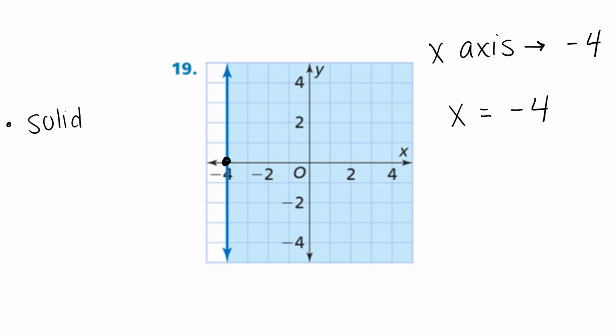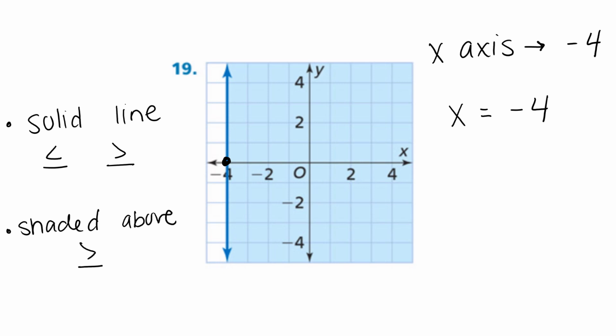A solid line means that we're going to use the equal sign in our symbols. It is shaded on the larger side. It's the positive numbers, so that means we want the greater than symbol. So our final equation is x is greater than or equal to -4.